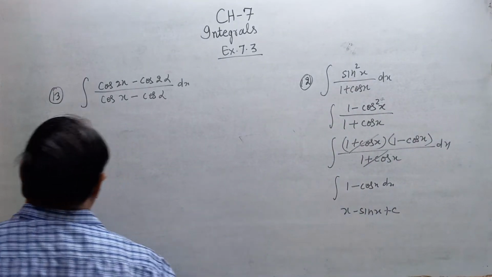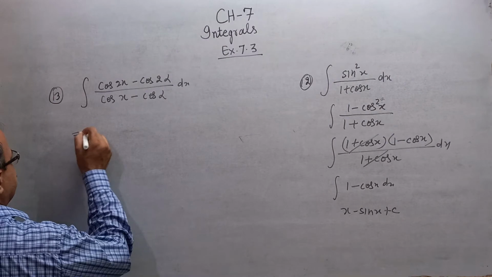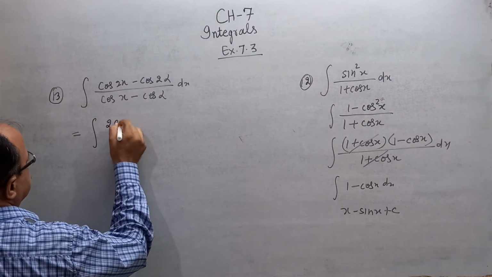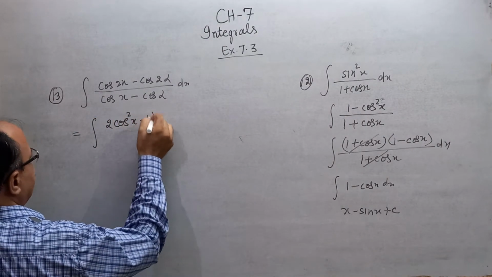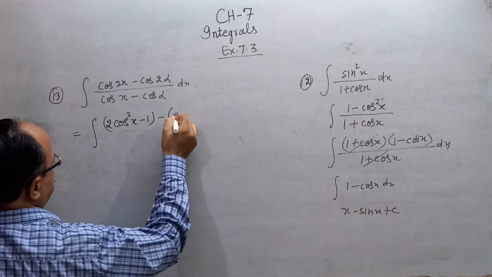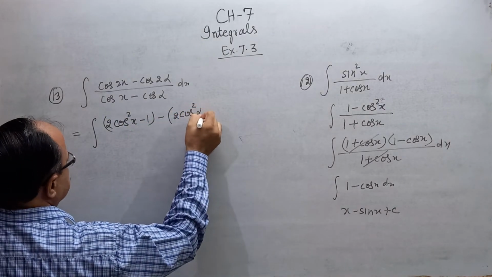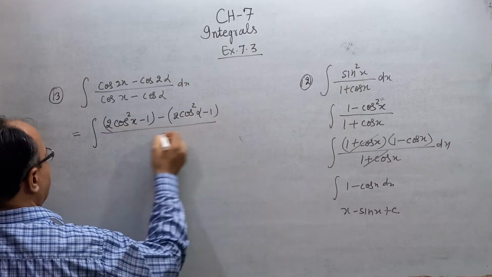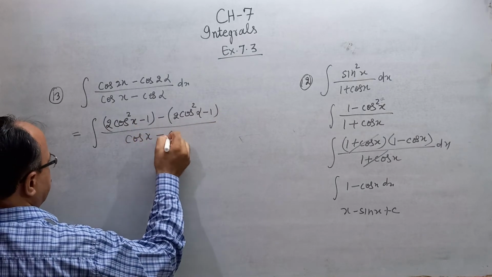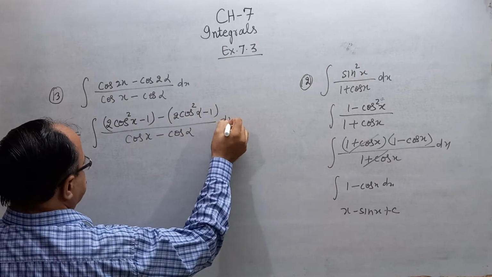Now we apply the formula in the form of cos, that is 2 cos square x minus 1, and similarly 2 cos square alpha minus 1, upon cos x minus cos alpha.